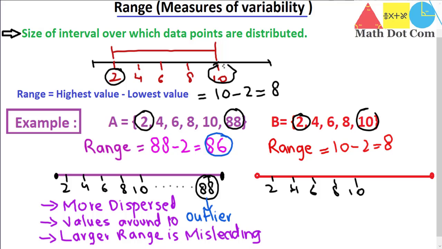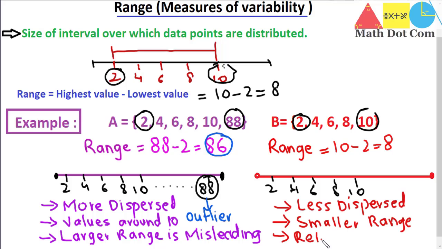So its range is 8 and it shows that the data is less dispersed, with a smaller and more reliable range as compared to data set A. So this is how the range of two data sets differ from each other just because of an outlier.